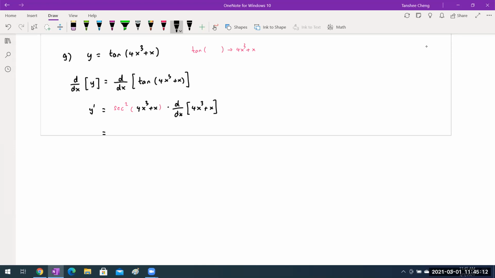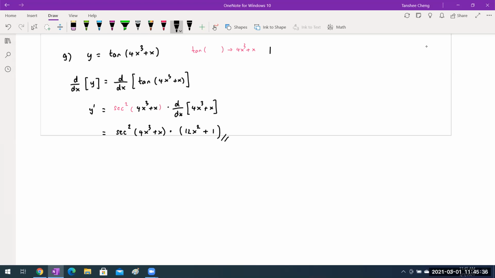So finally, I got my final answer by taking the derivative of the inside, times 12x squared. Bringing down 3, 4 times 3 is 12, subtract 1 from the power, which gives 2. And then the derivative of x is 1. And this will be my final answer.